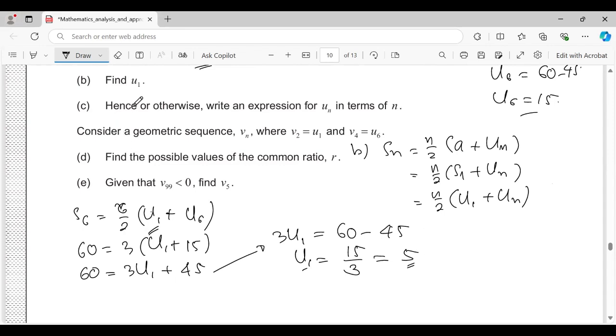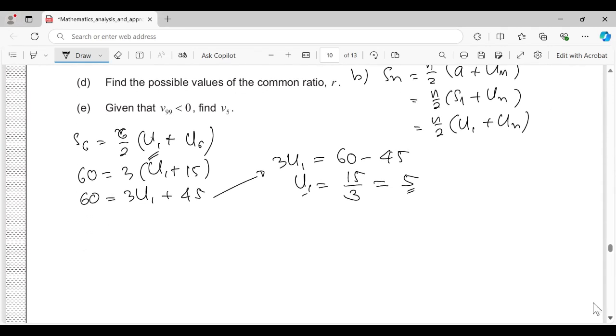Consider C. Hence or otherwise write an expression for Un in terms of n. Okay. So C here, Un equals Sn minus S(n minus 1).